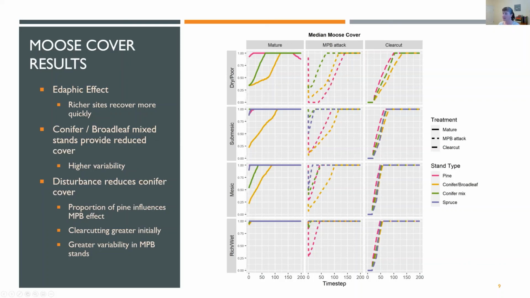Interestingly, in the mountain pine beetle sites, you see much more variability in the suitability of the stands to provide cover. And these hardwood stands you can't see on this figure. My other figures have quantiles that show more of the within stand variability, but there's a lot more variability within the broadleaf stands than in the other stand types. And especially more variability than the clear cut stands.